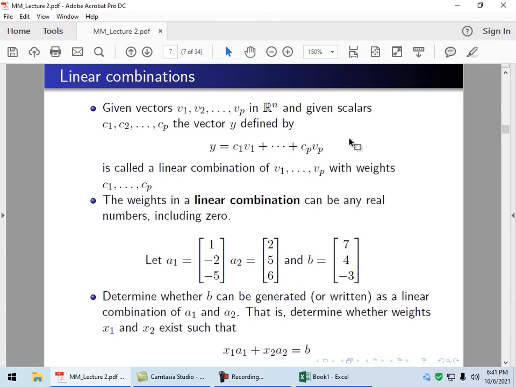It is a sum of products of vectors and their scalars, and these scalars are also called weights. The weights in a linear combination might be anything, they might be even zero, even real numbers, anything.